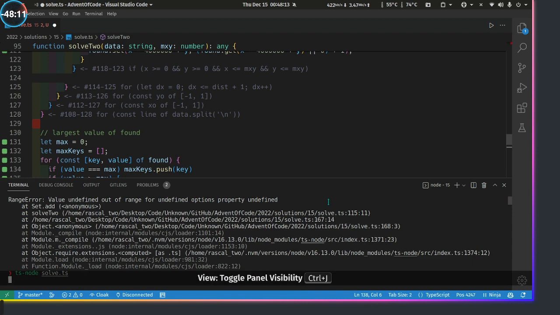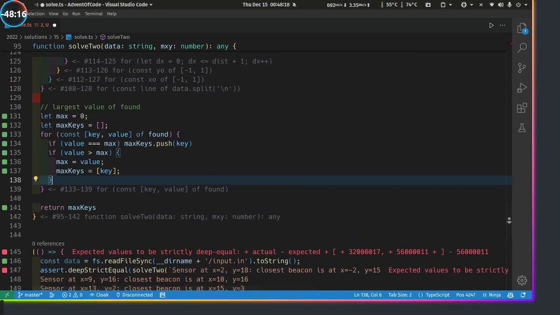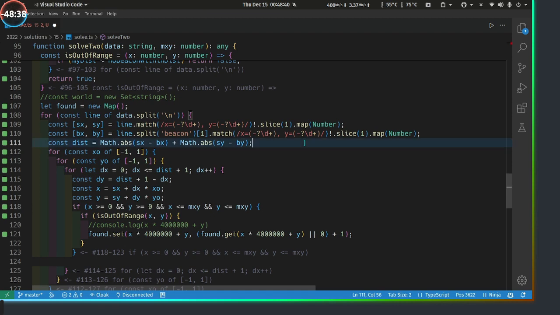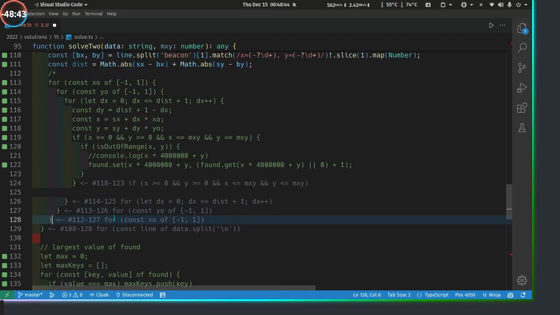Any run? Did you finish? Nope. Okay. Back to the drawing board, I suppose. Yeah, this just must be running on too many. So this is the idea. I just need to optimize it. So this is the right idea, at least this base. Just need to figure out where I went wrong.